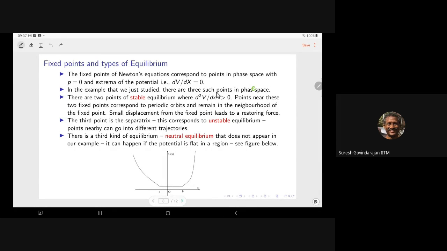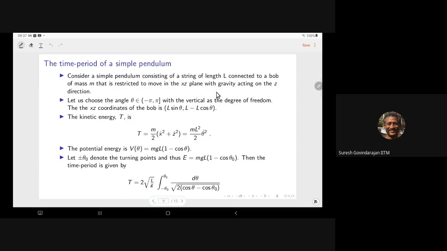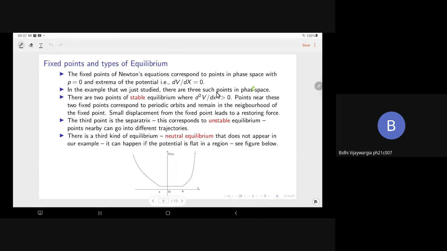Hello, sir. Yes. Can you once repeat what will happen if the particle is at fixed point? If it's at a fixed point, it will remain at the fixed point. Because look at it: P equal to 0 and dV by dx equal to 0.